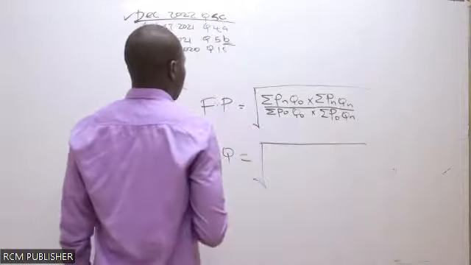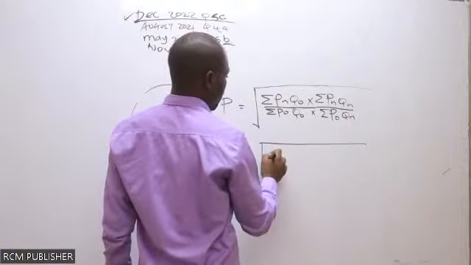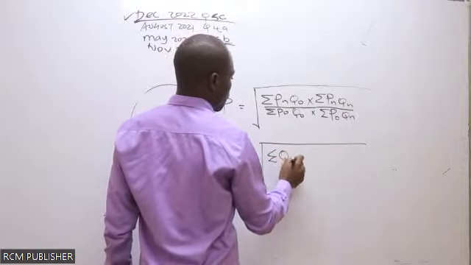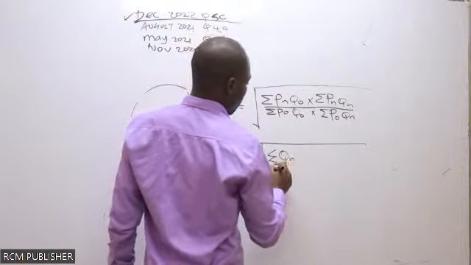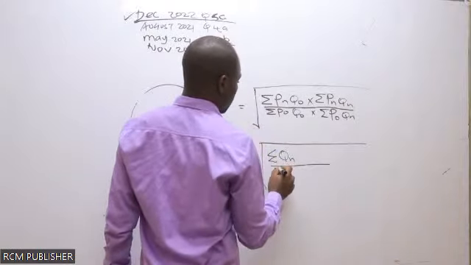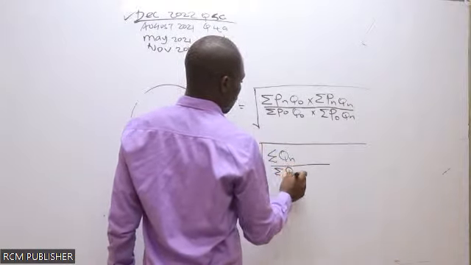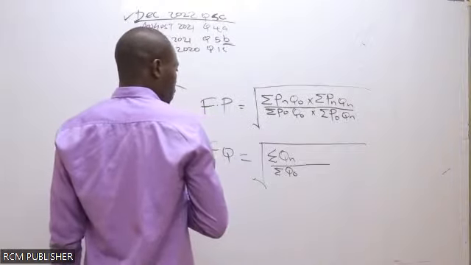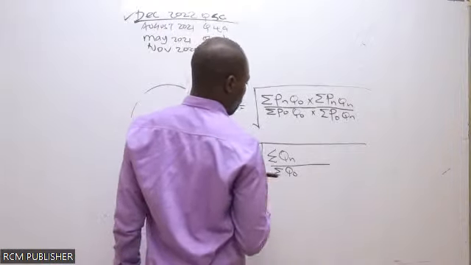Fisher's quantity index. Just ask yourself the other formula for getting quantity: summation of quantity of the current period divided by summation of quantity of the previous period. Now price is going to be the weight.